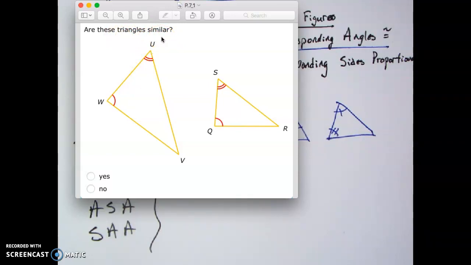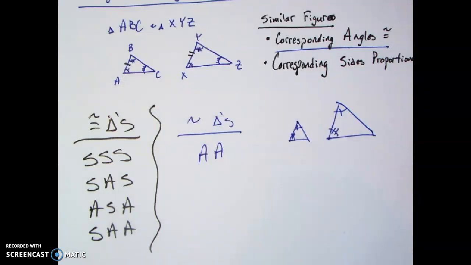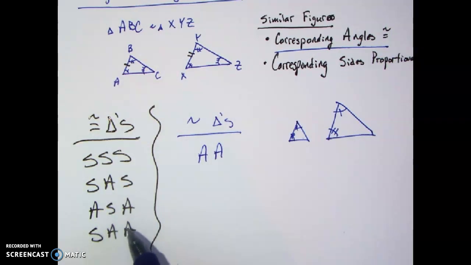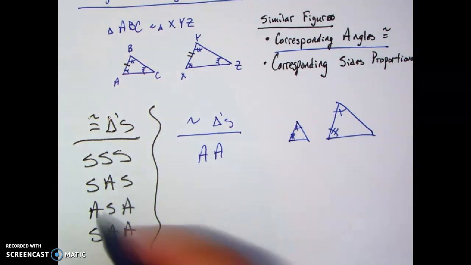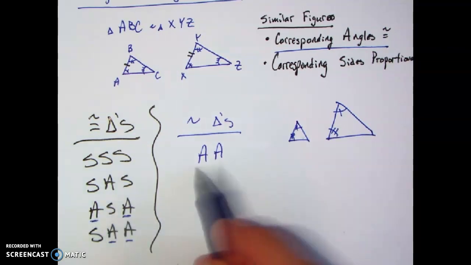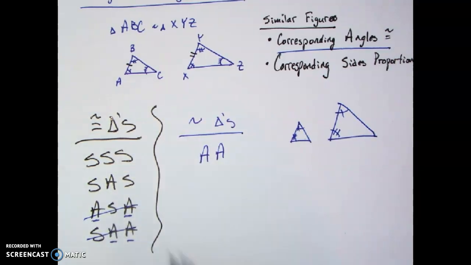So we have similar triangles with that first shortcut of angle-angle. When I go back to our congruent shortcuts, notice I have angle-angle there and angle-angle there. That's enough information that I don't need to do any more investigating, because angle-angle takes care of it.